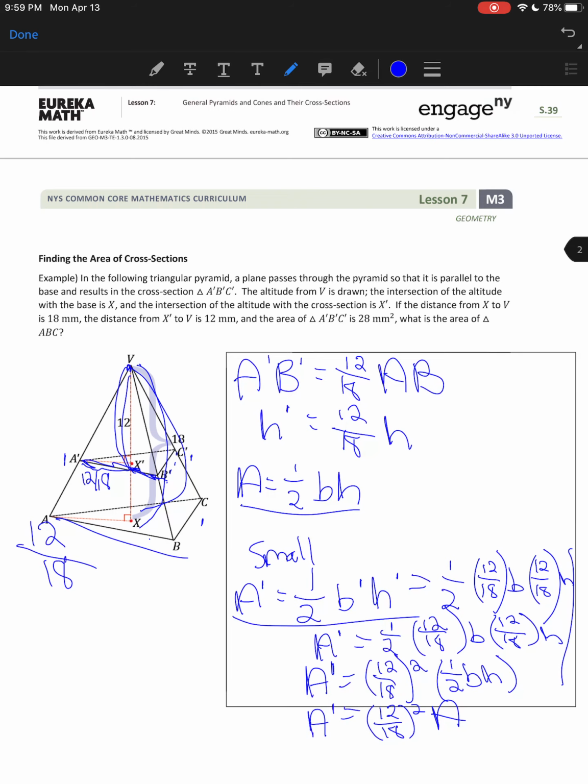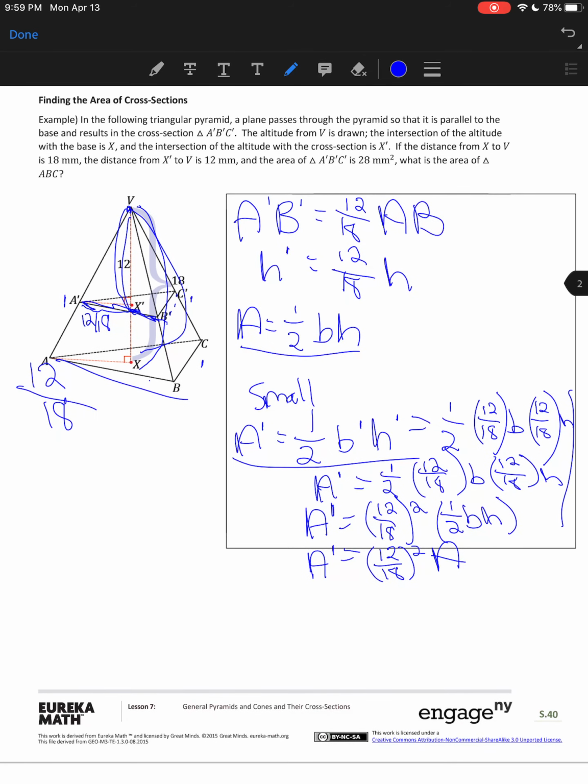So let's simplify this a bit more. The area of the smaller one is equal to 12 squared over 18 squared. 12 squared is 144, over 18 times 18, or 18 squared, which is 324, times the area of the larger one.